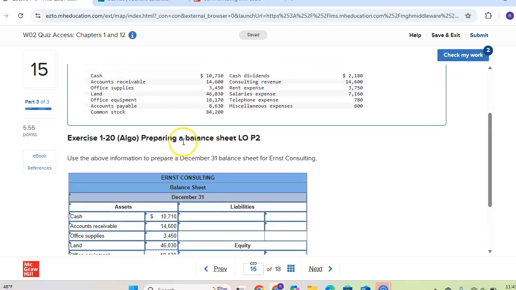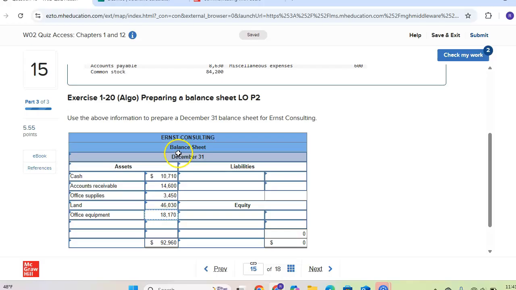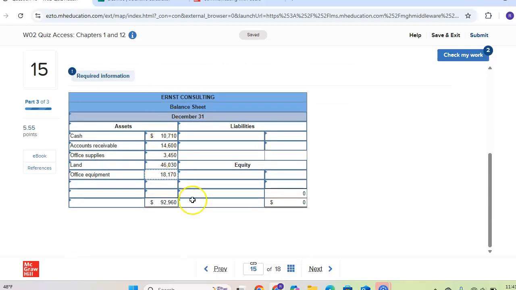Just double checking my work, making sure I got all the numbers and amounts correctly put into the balance sheet. And so that brings us to total assets, being 92,960. This number, if we do everything right, should be the same on the other side over here as well when we're all said and done.